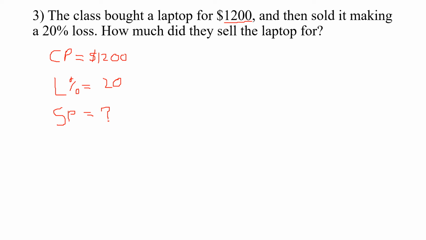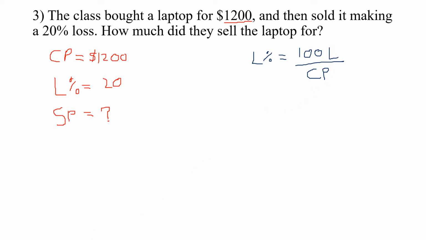In the percentage loss formula, recalling my formula, I know that loss percentage is the same as 100L divided by cost price. I have this information except for the L. We're trying to make L the subject of the formula.